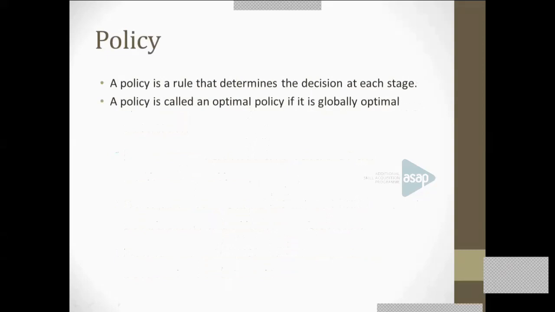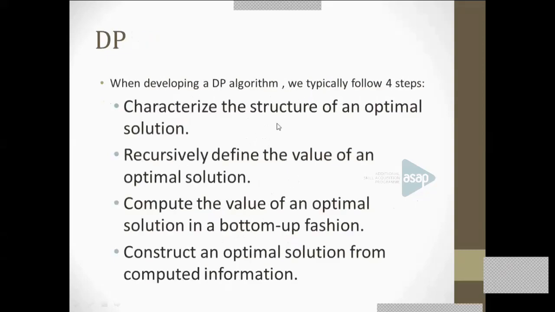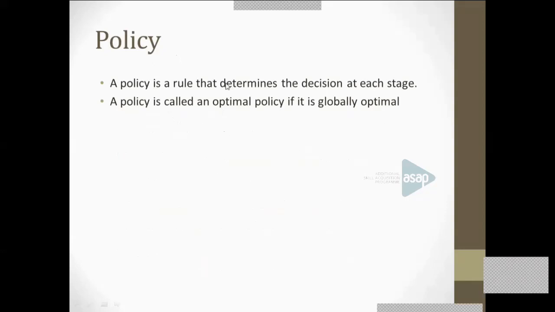Okay. Then, since this DP applies to an optimization problem, here you can see the first step is characterize the structure of an optimal solution, and there will be a policy defined. Okay, this characterization is called designing an optimal policy, and that policy will be a rule that helps you to take a decision at each step or stage.